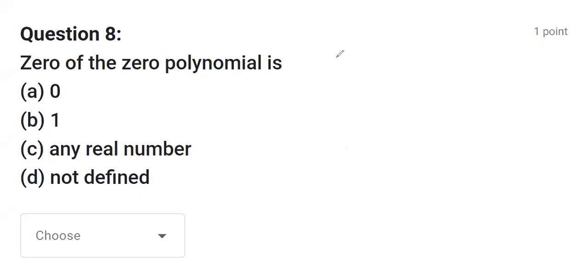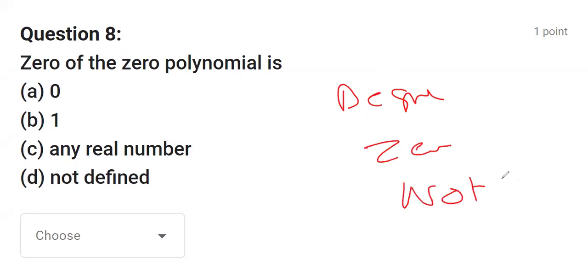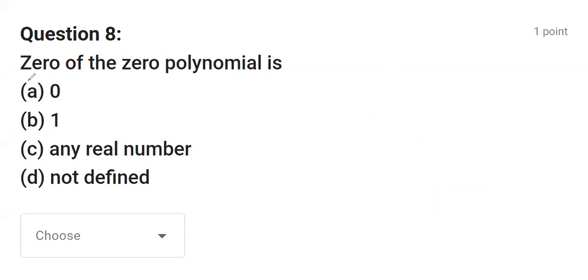Now we had one question where we are finding the degree of a zero polynomial. I told you the degree of a zero polynomial is not defined, right? But this is not the degree. They're asking for the zero of a zero polynomial. So remember, the zero of a zero polynomial is any number. Let's do once again.